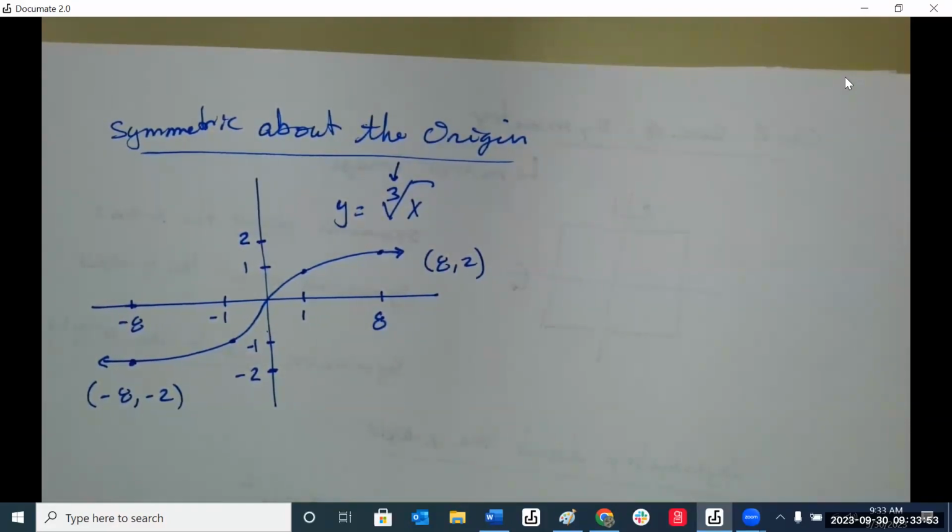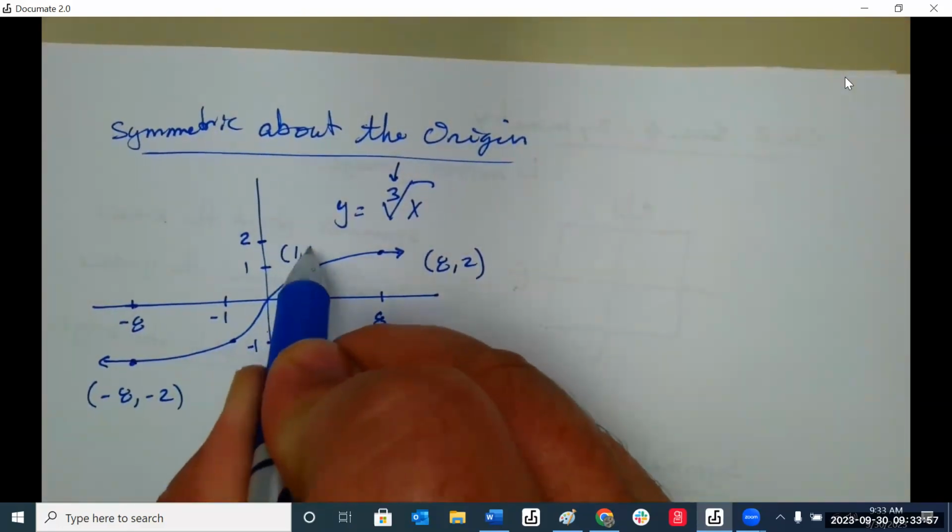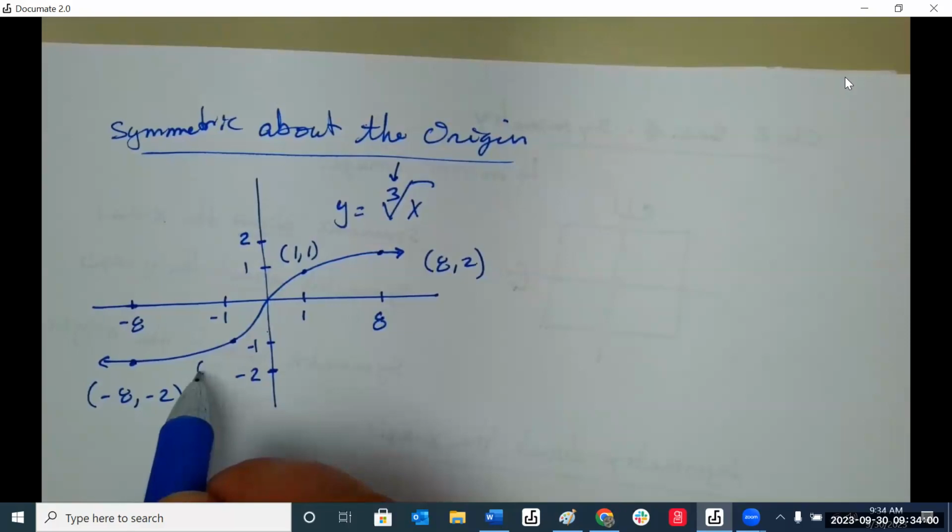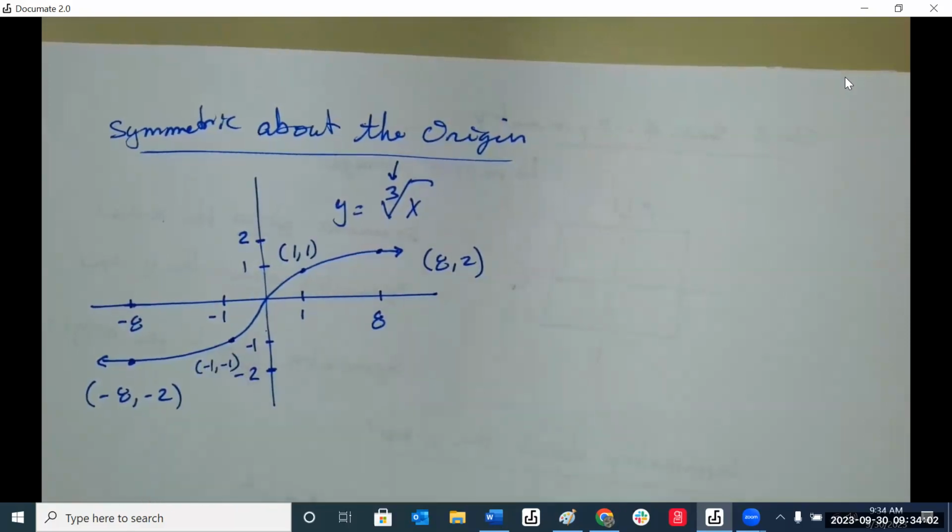So what do you see if it's symmetric about the origin? And this one here is 1, 1. This point here is -1, -1. Yes, the x and y values are the same number but different signs.